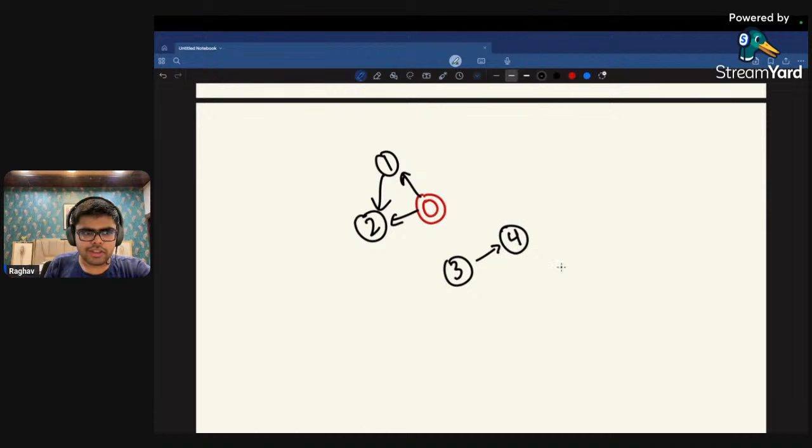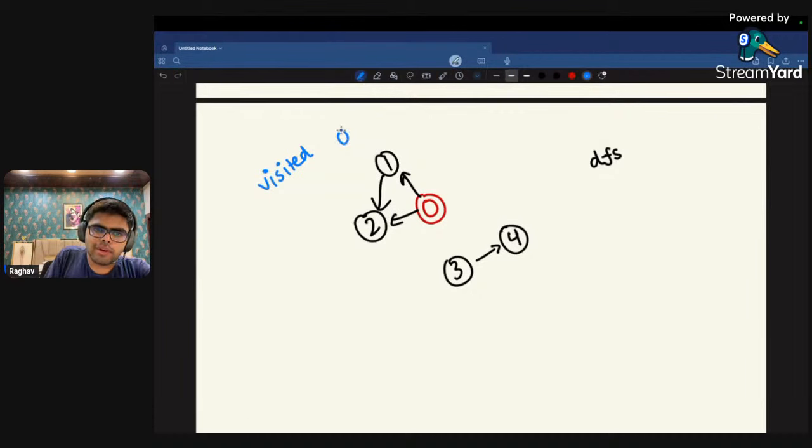So this is the given thing. These are the inputs. After that, you will run the DFS. So after running the DFS, you will have a visited array, right? You will have this visited array.